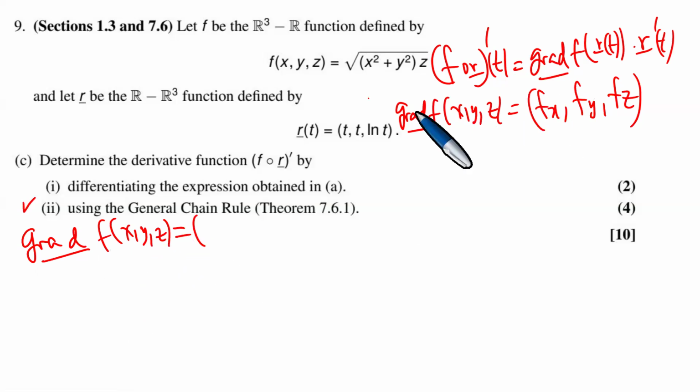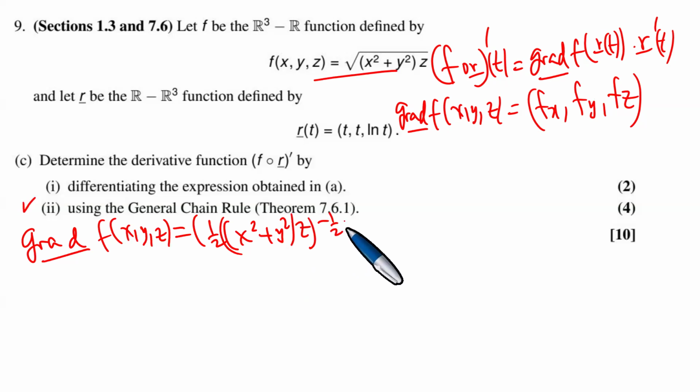We're going to differentiate this function with respect to x. So this is 1/2 of x squared plus y squared z to the minus 1/2, and then you find the derivative of the inside, which is 2xz.